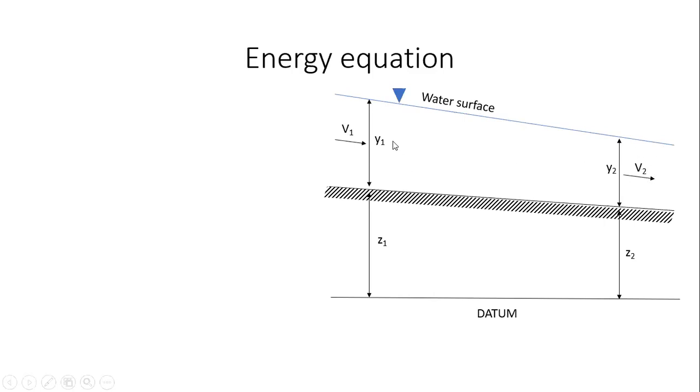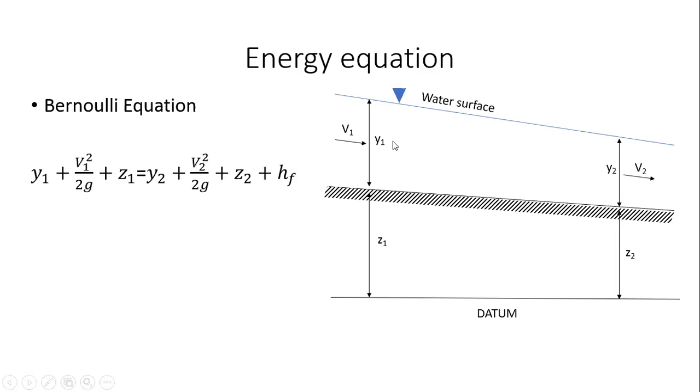So if I write Bernoulli equation between these 2 points, it will very simply look like this: y1 plus v1 squared by 2g plus z1, which is the total energy at cross section 1, is equal to y2 plus v2 squared by 2g plus z2 plus hf, which is whatever the friction losses that the flow is encountering in moving from point 1 to point 2.